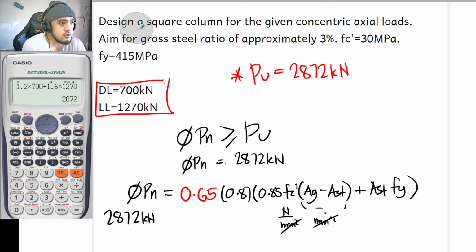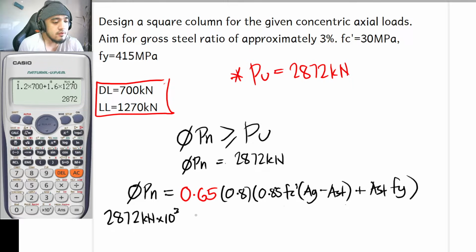But for our factored load, we have solved for it in kilonewtons. So there is no other way than to convert this one: times 10 raised to 3 for it to be converted to newtons. So newton per kilonewton, the kilonewton would now cancel out.